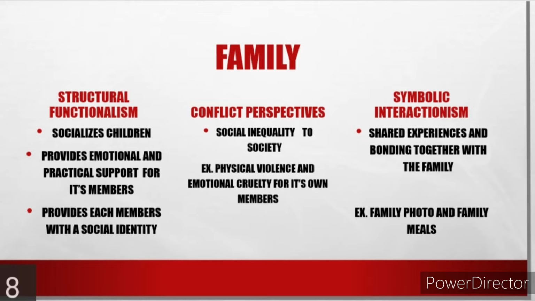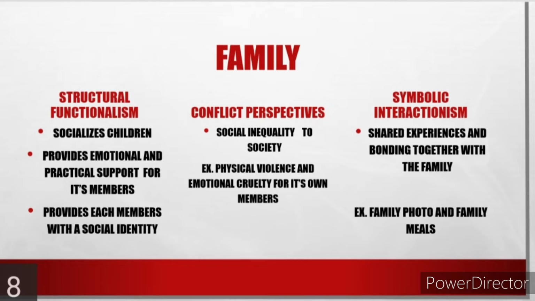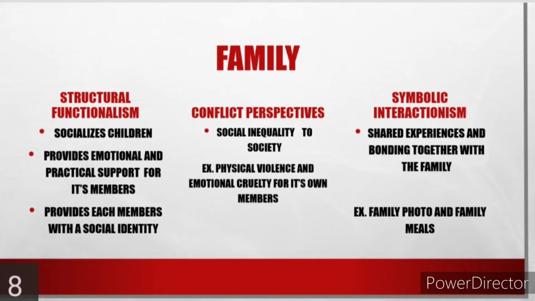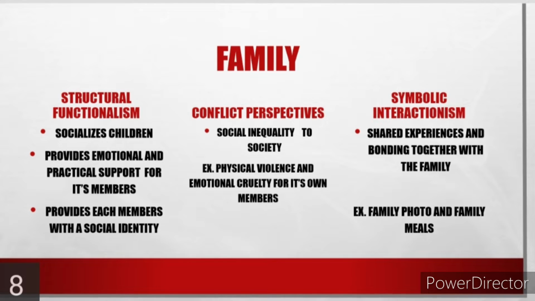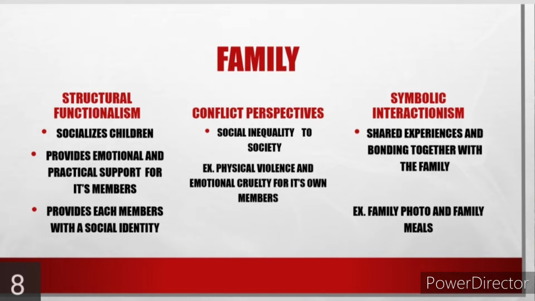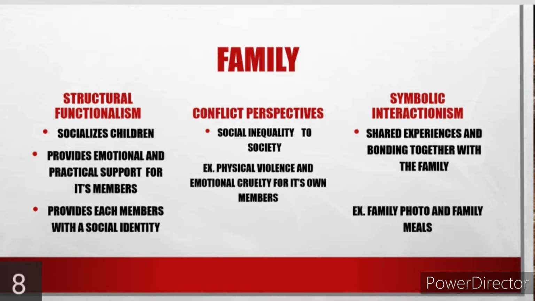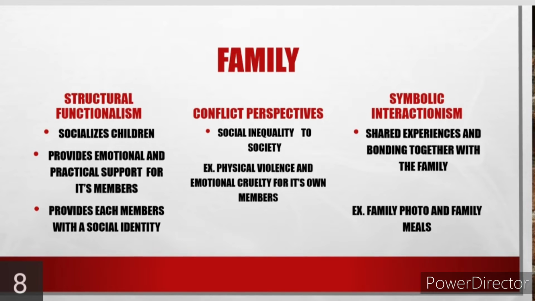The family performs several essential functions for society. In structural functionalism, it socializes children, provides emotional and practical support for its members, and provides each member with a social identity. In the conflict perspective, the family promotes social inequality in society.